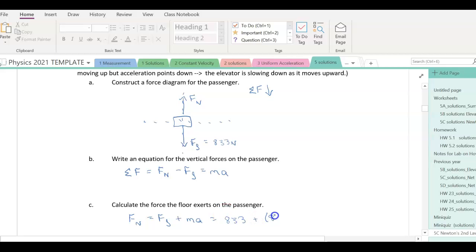His mass is 85. The acceleration is -3 in this situation, and so the normal force when he's moving upward but slowing down is 833 plus 85 times -3, and we get 578 newtons.